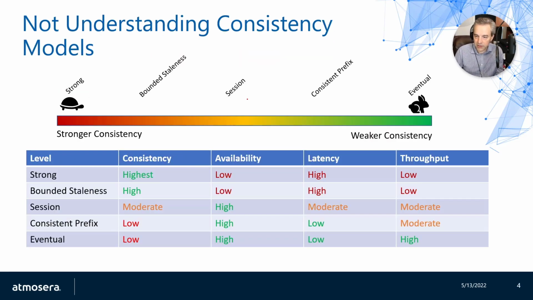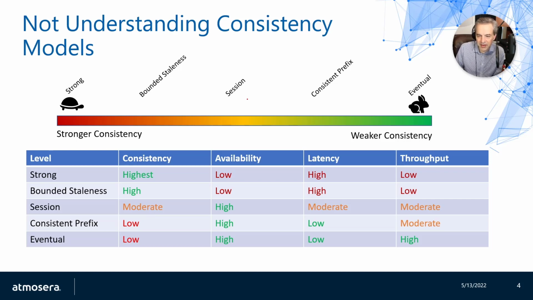So the next thing I want to talk about is the consistency models. I'm surprised how often I run into this, because this is usually one of the things that most people understand, since if you read the literature on Cosmos DB, people talk about this one quite a bit.